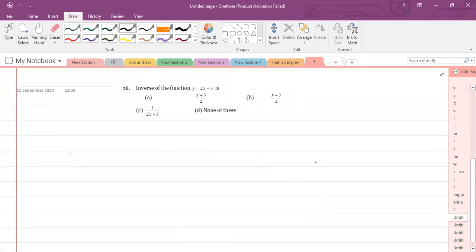Find the inverse of the function y equals 2x minus 3. For this problem, you can use the original method, the traditional method or the shortcut method. All are very, very easy because it's a very easy problem. Immediately you can say the answer.